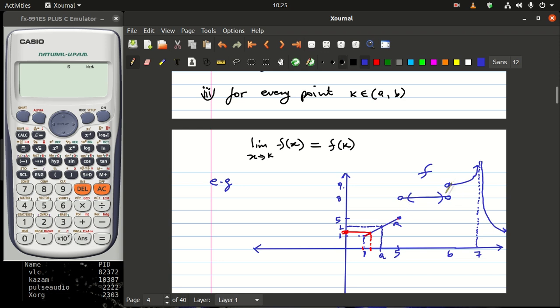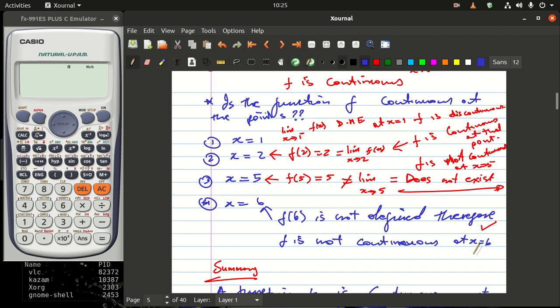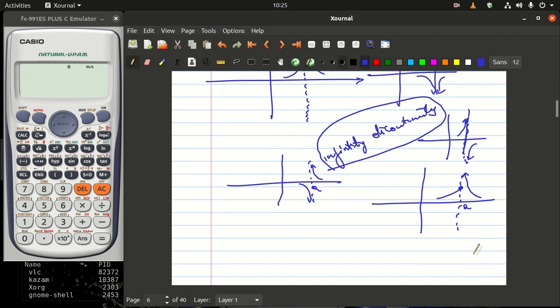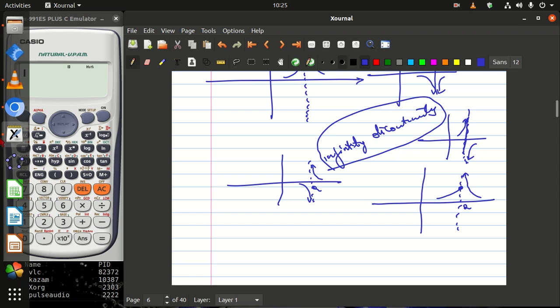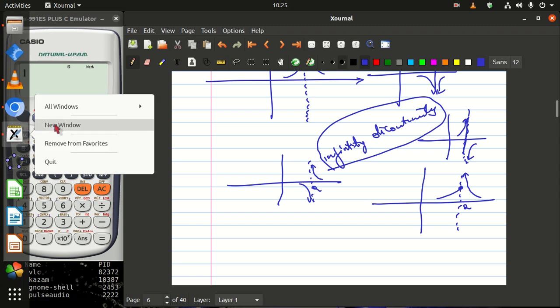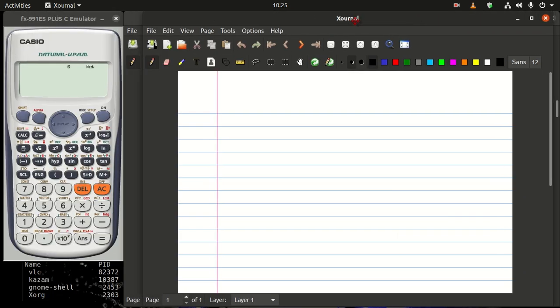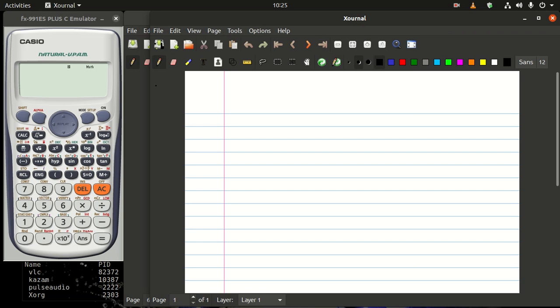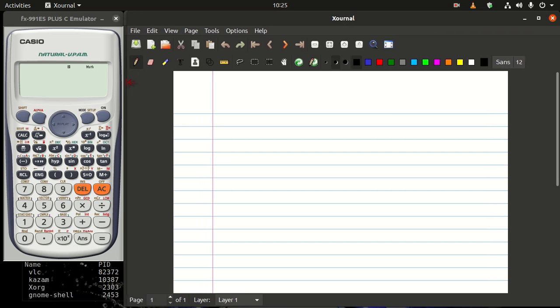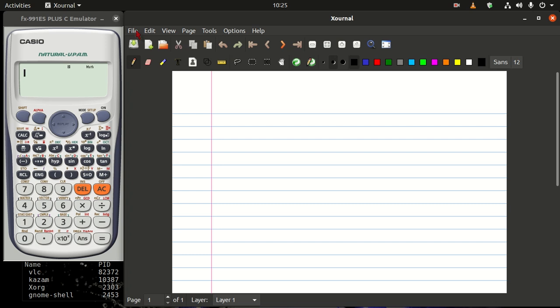Even though the function here is not defined at all, we have a jump discontinuity. And at x equals 7, we actually have an infinite discontinuity. I hope this makes a lot of sense, because this is what is important. I want you to know these things. And now let's look at the realistic problems on how you can actually solve these particular problems.